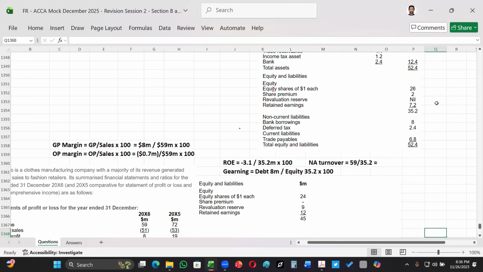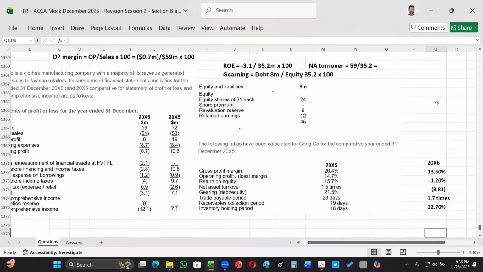You're welcome. So we are done with most of the ratios. We see that the gearing hasn't moved much. It's just a nominal increase. And then we now look at the trade payables days and the receivables collection period. Okay, so let's do the formulas here. I'm just doing it in a way so that you could see the information and the formulas in front.